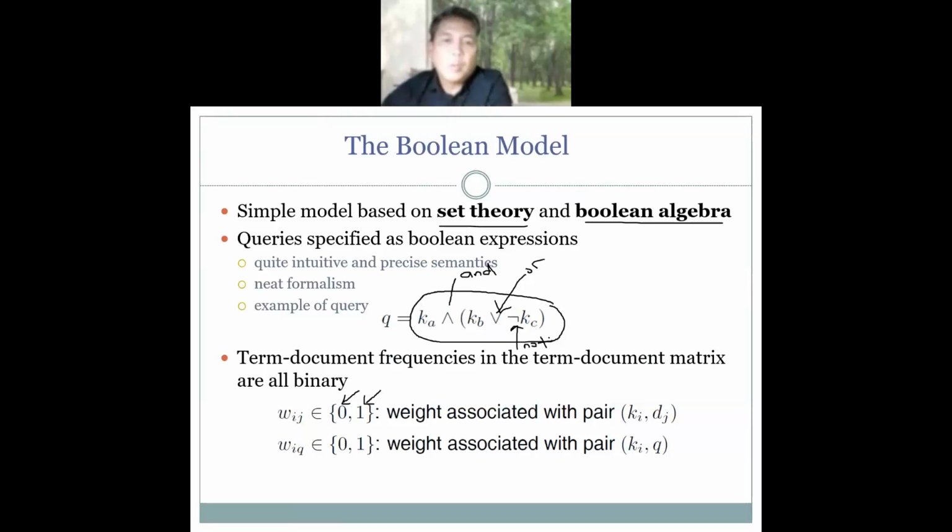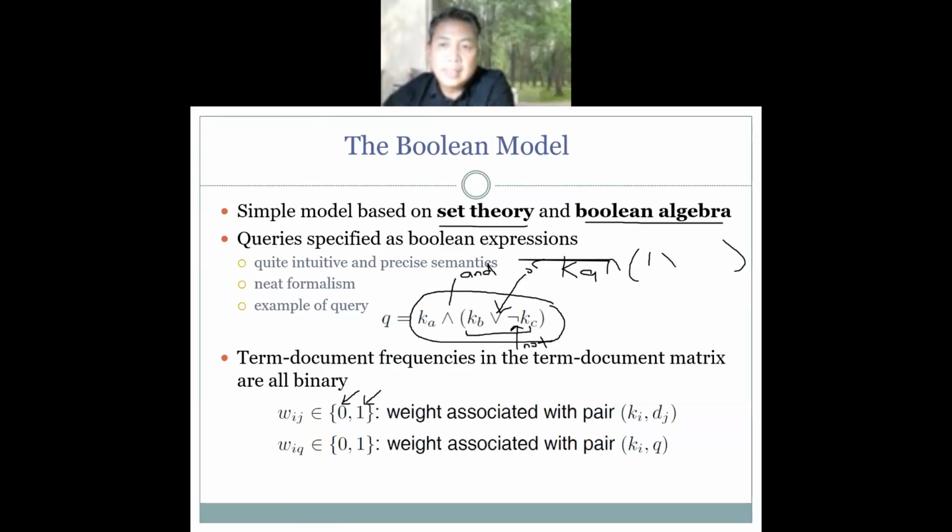So when we look at this expression, it means that the query must have keyword A, and since this is not KC, what is the expression that makes this part here true? They use OR.